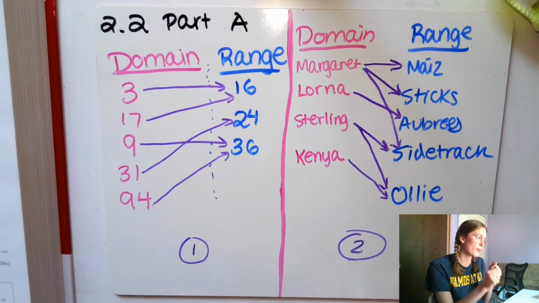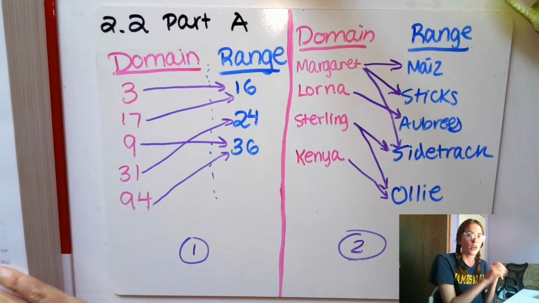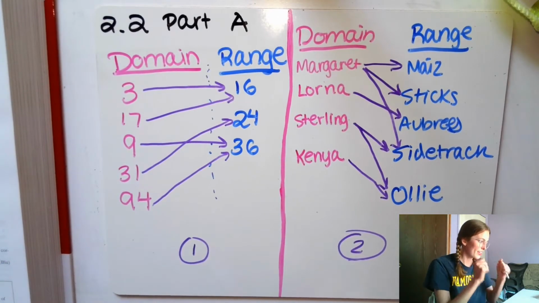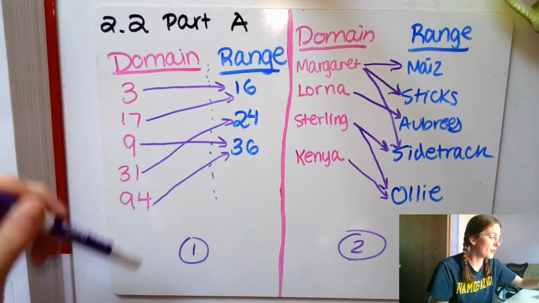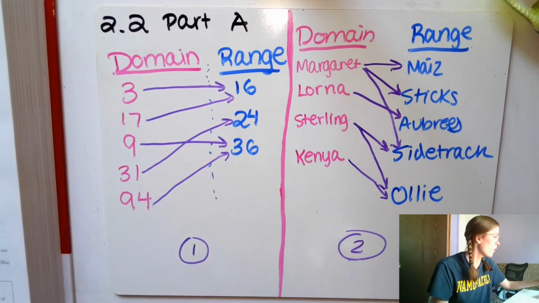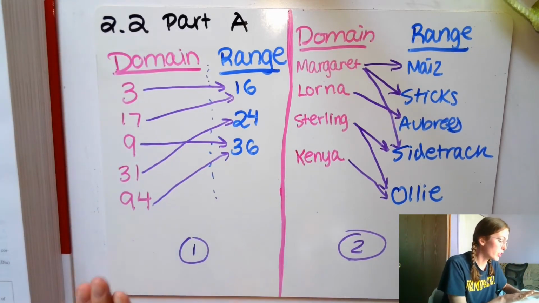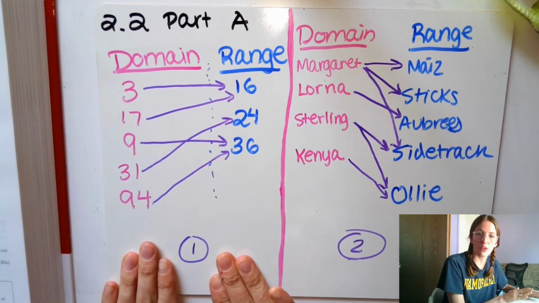Write this down. We've got it in the book, first page in section 2.2. Write it down, memorize it, remember it. So for each member of the domain, there needs to be exactly one member of the range. So for correspondence 1, we'll check, is this a function or not?